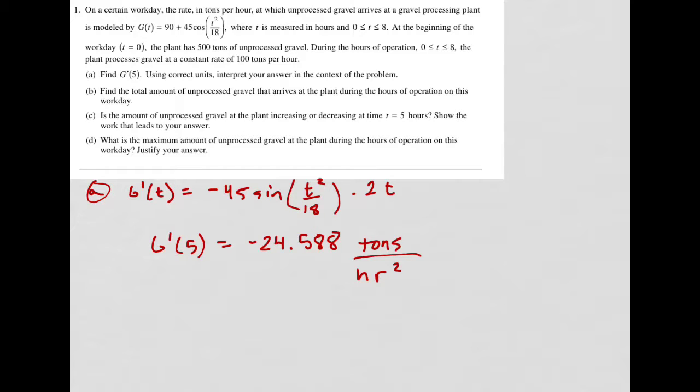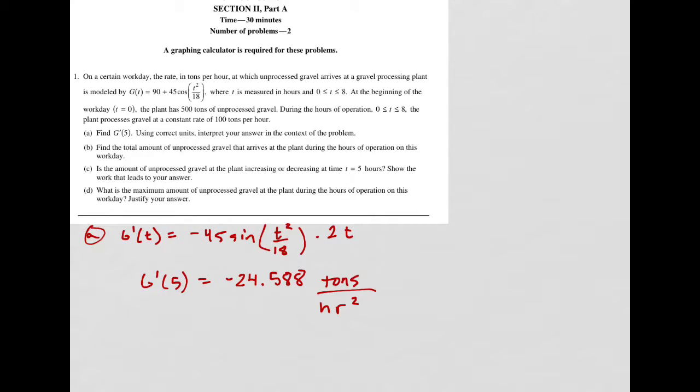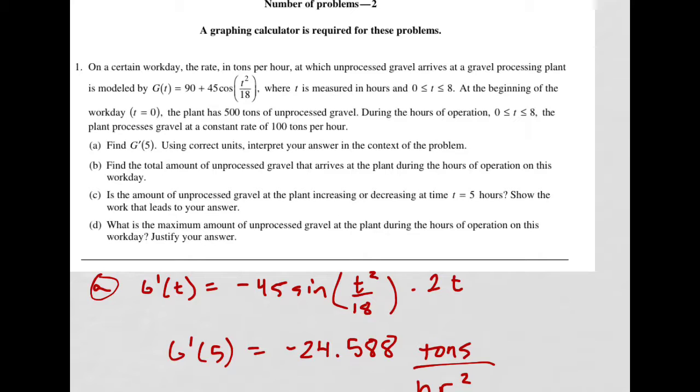It's very important that you understand the language here. If we talk about the volume increasing or decreasing, then we're talking about the amount that comes in, right? If we say the volume is increasing, then that's saying the first derivative is positive.